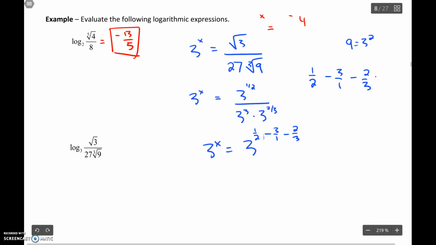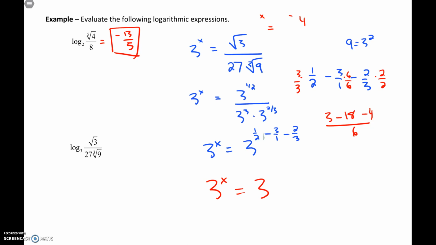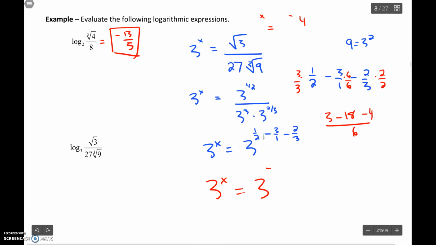Let's get these all to a common denominator of 6. So that's 3 minus 18 minus 4 all over 6. That would be 3 to the negative 22 plus 3, which is negative 19/6. So x is equal to negative 19/6.